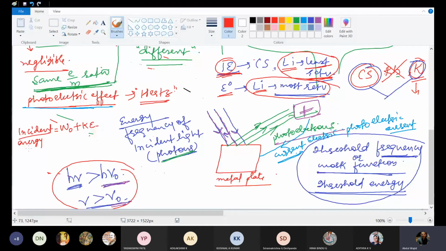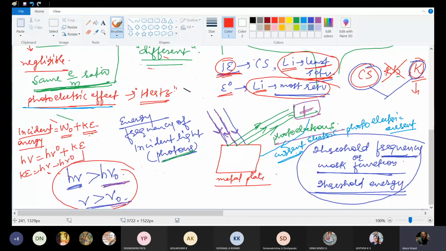So the energy of the incident light, that is the photon, will always be equal to the work function, that is threshold energy, plus kinetic energy. Incident energy is h nu, work function is h nu naught, so h nu equals h nu naught plus kinetic energy. You can write it like this too: kinetic energy equals h nu minus h nu naught.